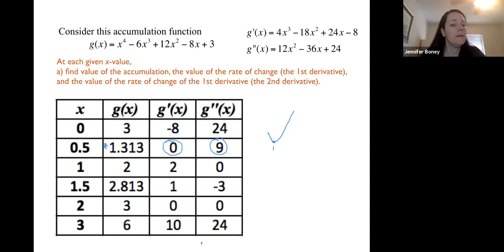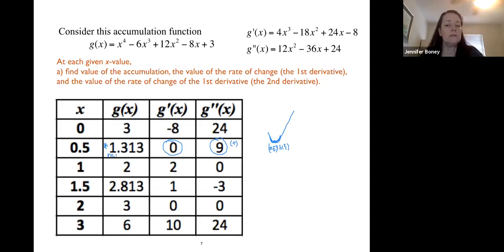That seems right. Now this second derivative of 9, key fact is it's positive. Second derivative of 9 would indicate that this function turns upward at that same point. So it's turning upward, pausing, in terms of it's not going up or down, it's curving upward, and the y value happens to be 1.3. Those three facts put together tell us that the shape is like this, and that at x equals 0.5, here's the y value, that is actually the bottom of this hill. This is a local minimum.